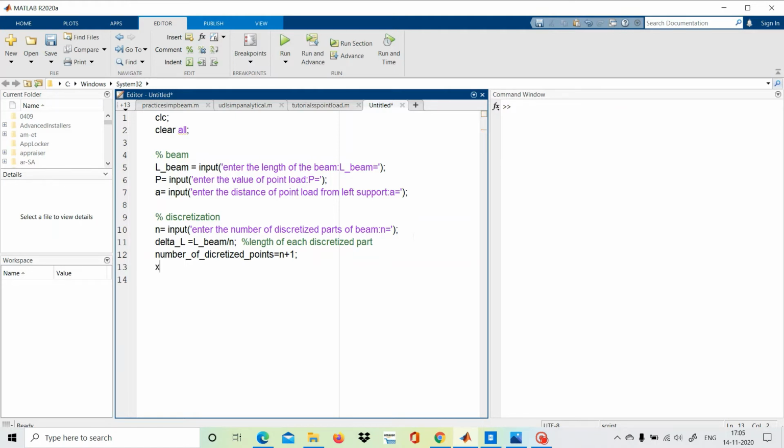We will write x equals 0 to delta L to the last, which would be the length of the beam, so it will vary up to this. Let us see what the output is.